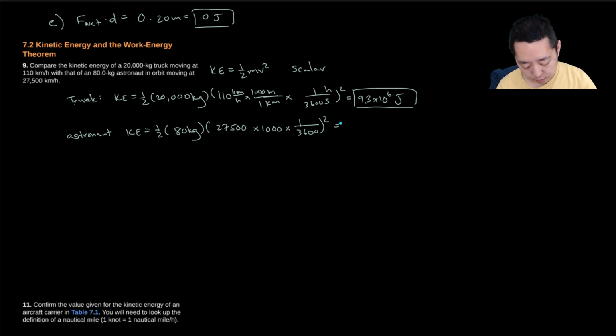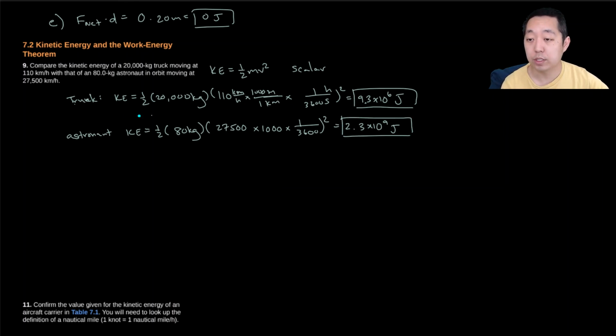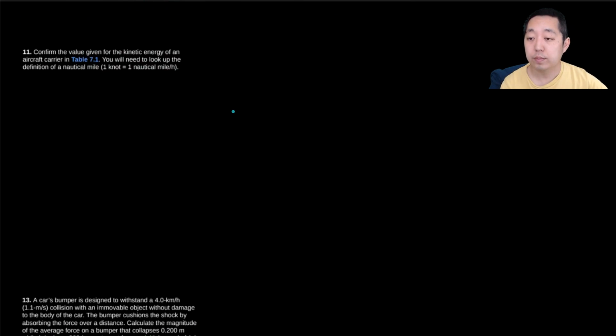So 0.5 times 80 times that velocity squared, I get 2.3 times 10 to the 9 joules. So way more energy. And that's because kinetic energy is proportional to velocity squared. So velocity makes a bigger difference in kinetic energy.